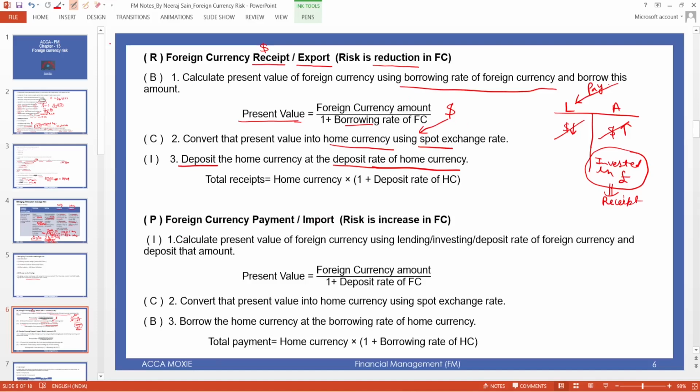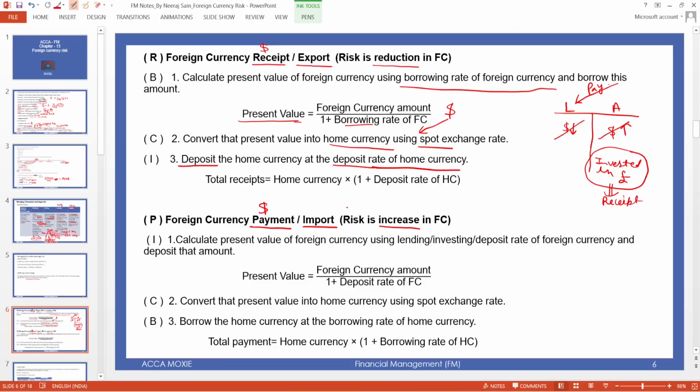Next one is the opposite of this. If you are an importer, then you will have to pay foreign currency like dollar. Your risk is that after 3 months or 6 months the dollar value you are going to pay will increase, so you have to pay more amount, right?